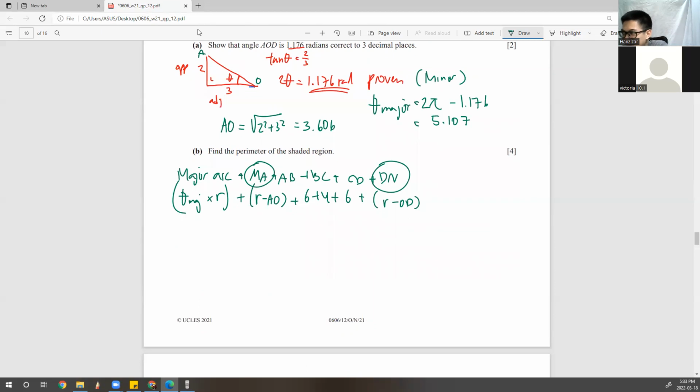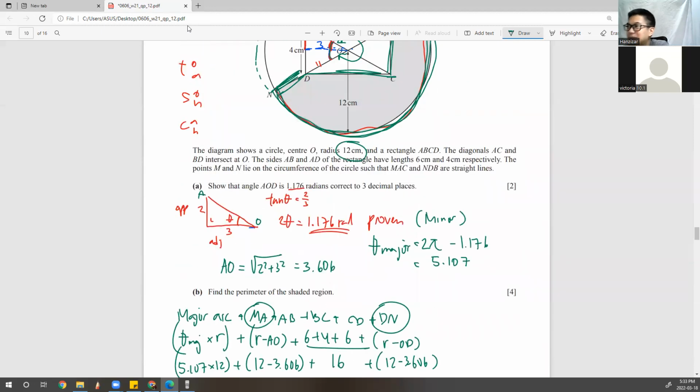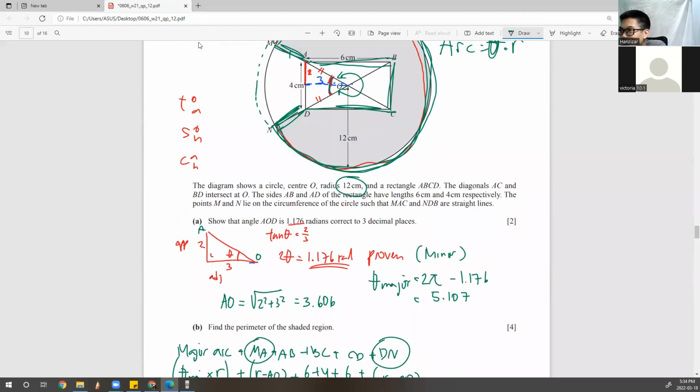And then theta major is 5.107 times 12 plus 12 subtract 3.606 plus 16, right? I combine this plus 12 minus 3.606. Why 3.606 also? Because they are the same, right? 3 and 2 also. See?